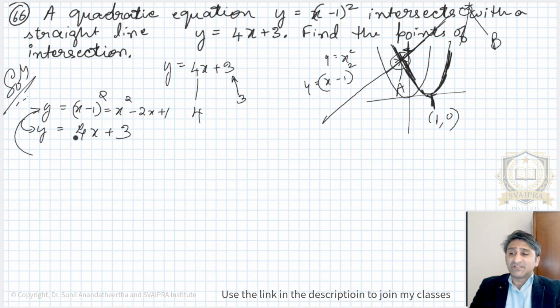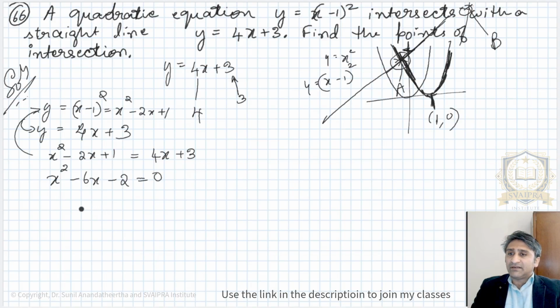The left hand side of both equations is the same, y, therefore the right hand side of both equations must also be the same. So x squared minus 2x plus 1 equals 4x plus 3. Then this is pretty simple: x squared minus 6x plus 1 minus 3, which is minus 2, equals 0.